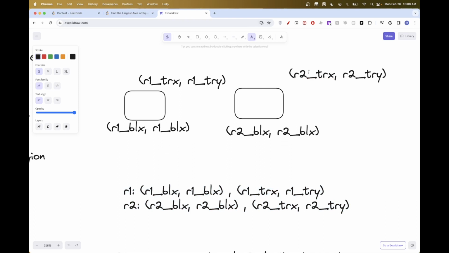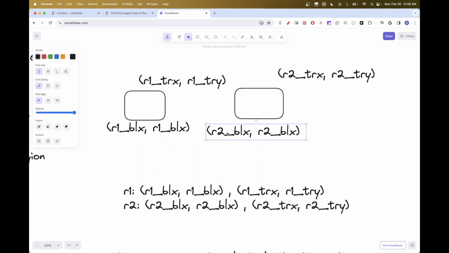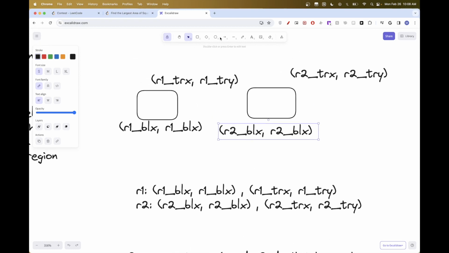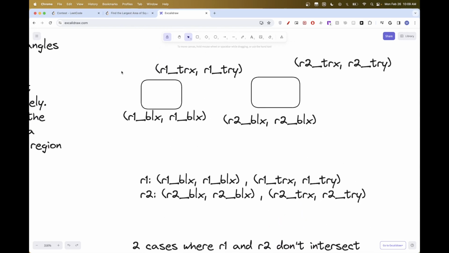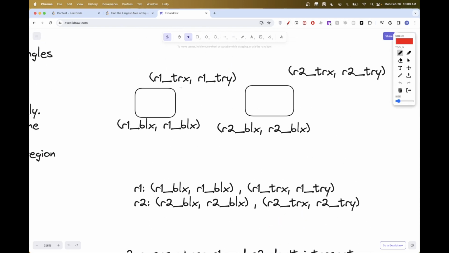Okay, so now knowing these two conditions, let's look at what conditions we need. In this specific case, we only need to worry about the X position, because we only check if one of them is to the left of the other. So if this X position is smaller than this position, then that tells you that one of them is on the left of the other.